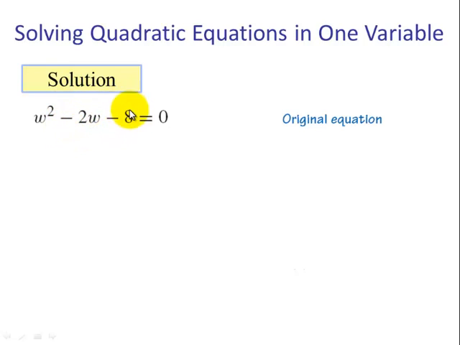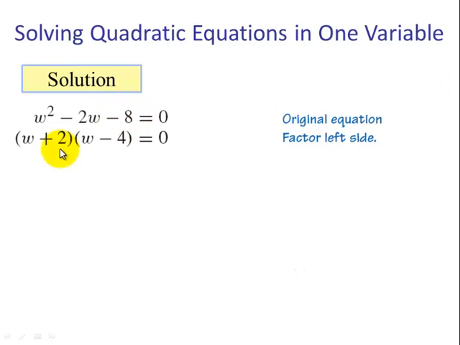Now since c is a negative number, we know that the factors will have opposite signs. One will be positive and one will be negative. So the factors of 8 are 1 and 8 and 2 and 4. So negative 4 plus 2 gives me negative 2, and negative 4 times 2 gives me negative 8.